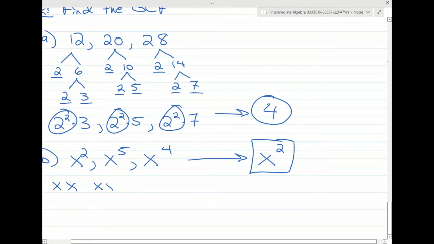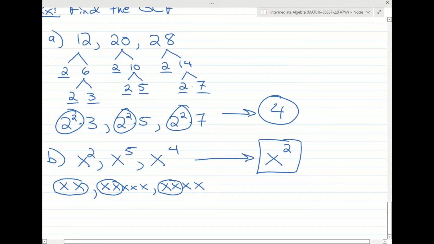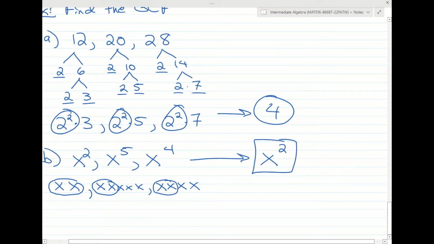This is x times itself 5 times. This is x times itself 4 times. So what's the most that they all have in common? You take 2 out of this. That's the most you could take out there. You could take 2 out here, and you could take 2 out here. That's why it's x to the second. You could not go even bigger than that.